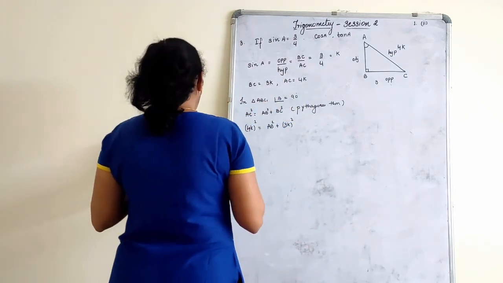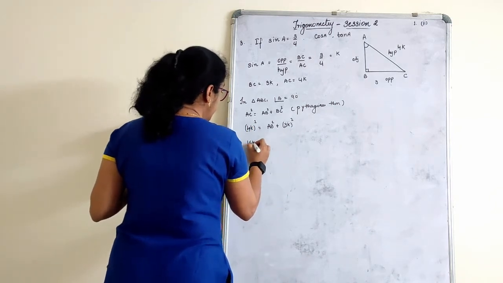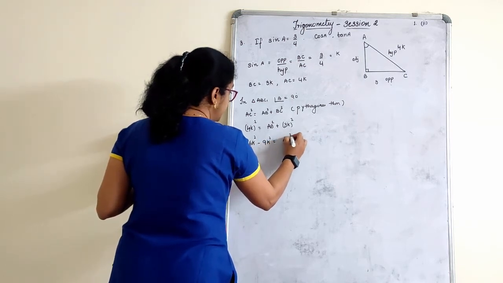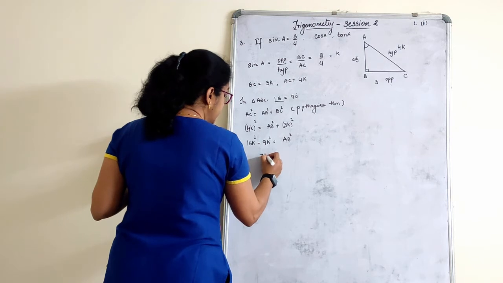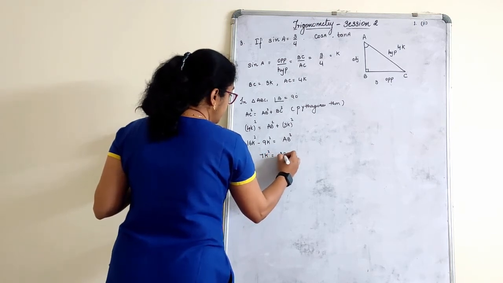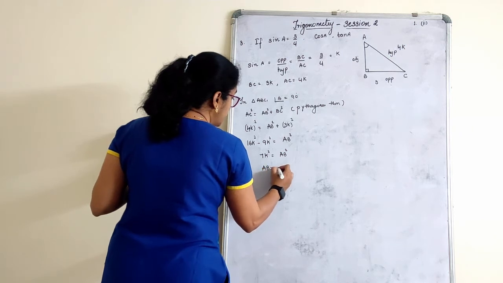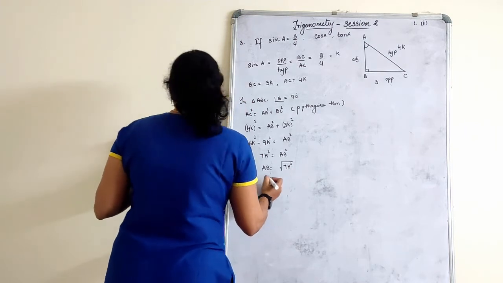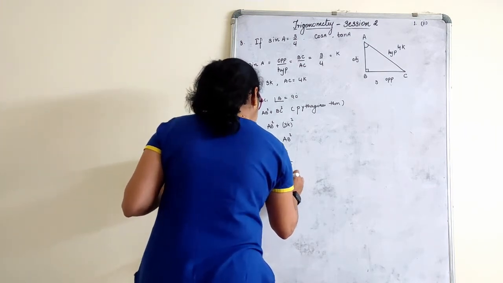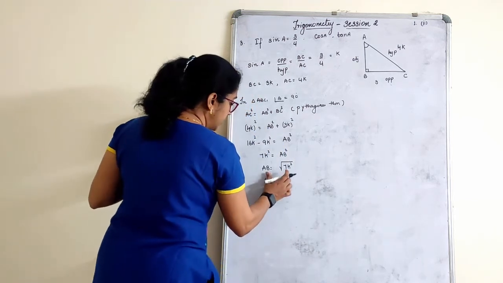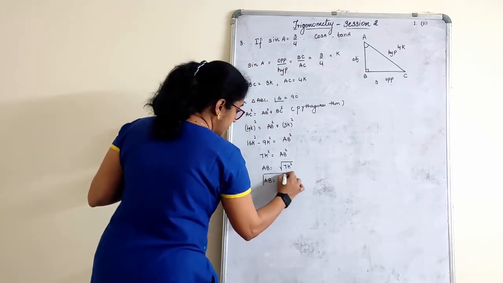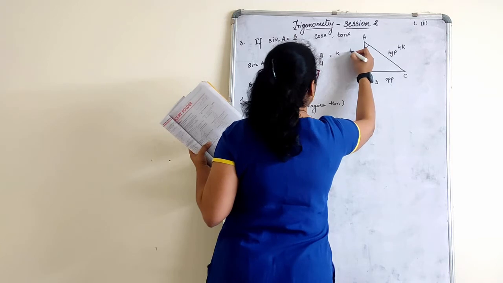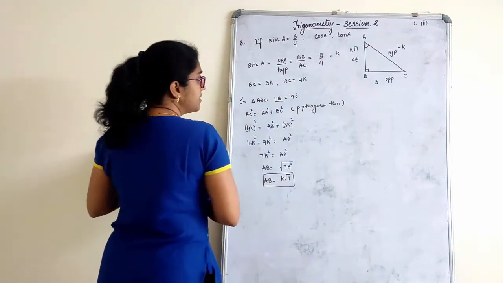Okay, with respect to K, we find here 16K square minus 9K square is equal to AB square. 16 minus 9, 7K square is equal to AB square. Therefore, AB is equal to root of 7K square. Therefore, AB is equal to K root 7. K is some unknown. Okay, so AB is written here as K root 7. Keep it as it is.